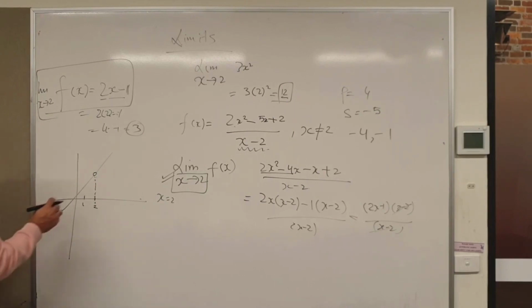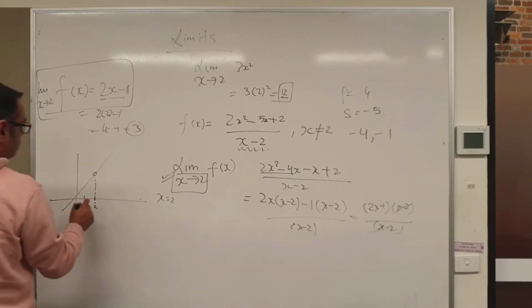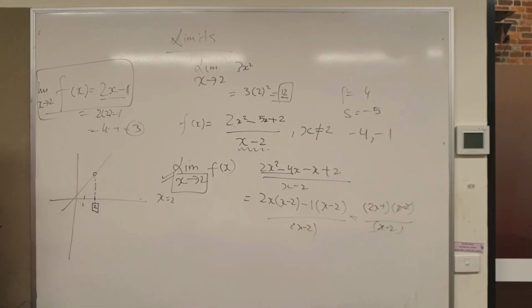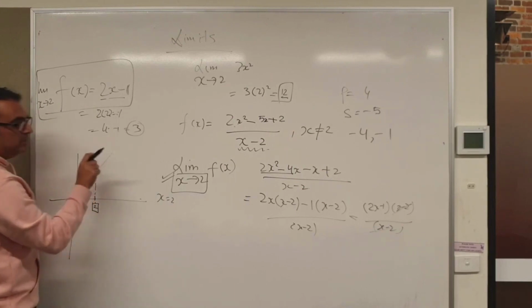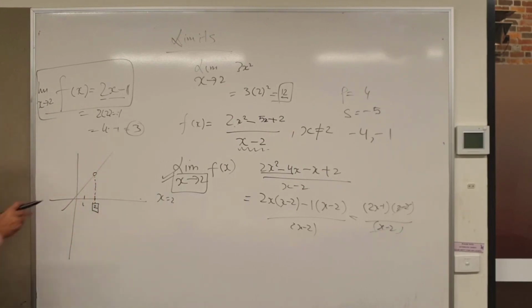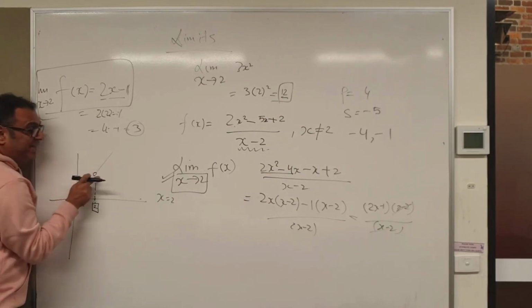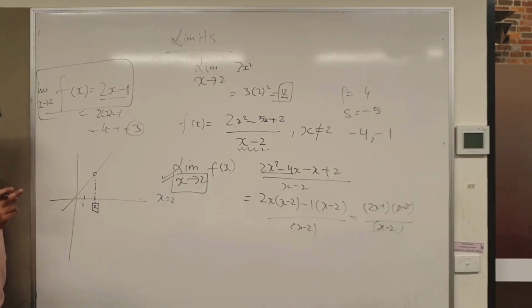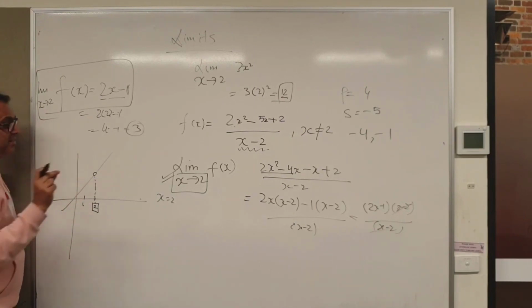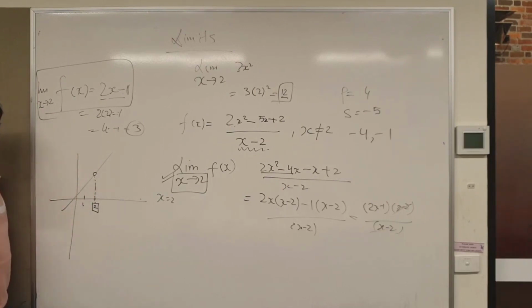What does an open circle tell us? Exclusive. You cannot have this value. This is how the graph of this function is going to be. So this function is breaking at x equals 2. This function is not defined at x equals 2.